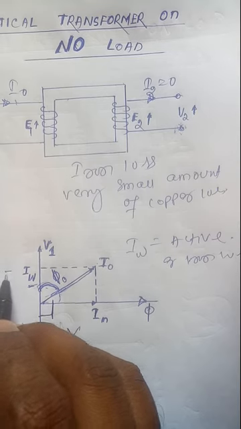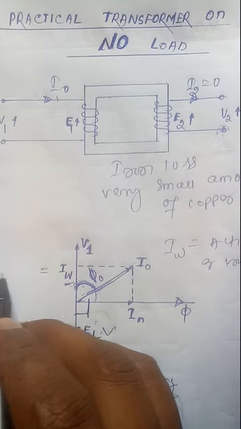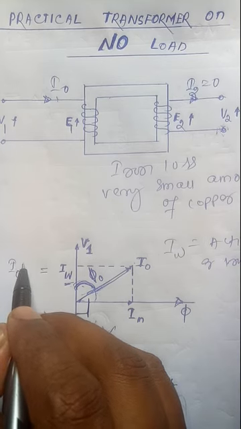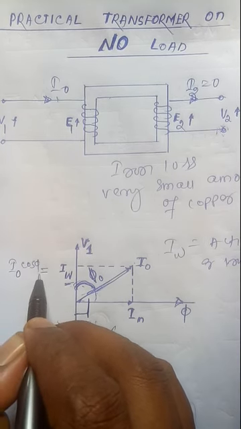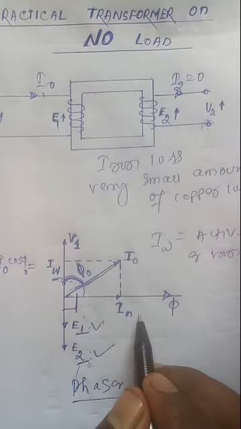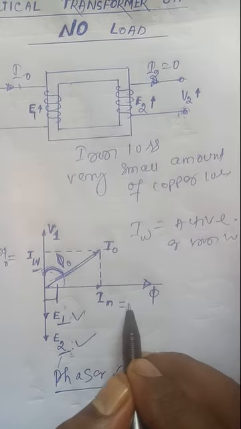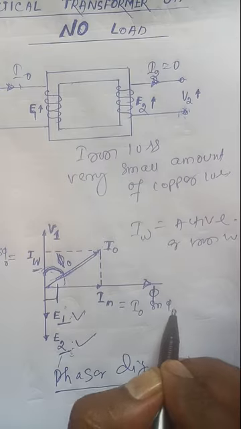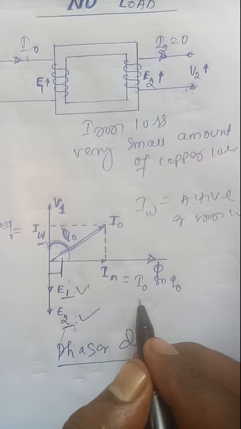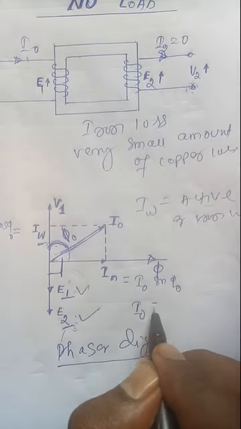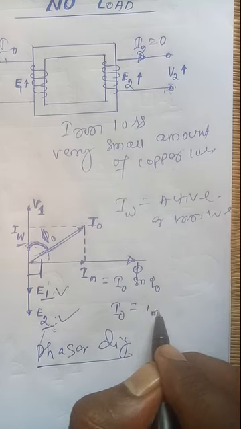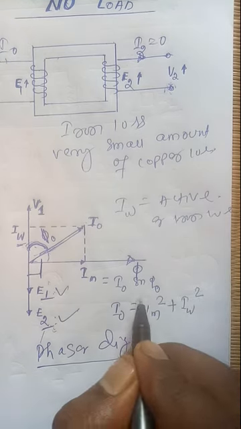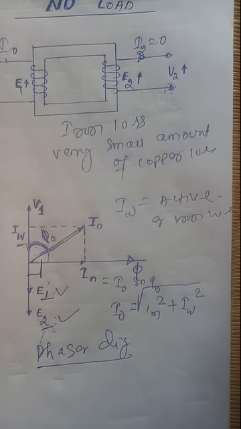IW will be equal to I0 cos phi 0. Similarly, IM will be equal to I0 sin phi 0, and I0 will be equal to the square root of IM square plus IW square.